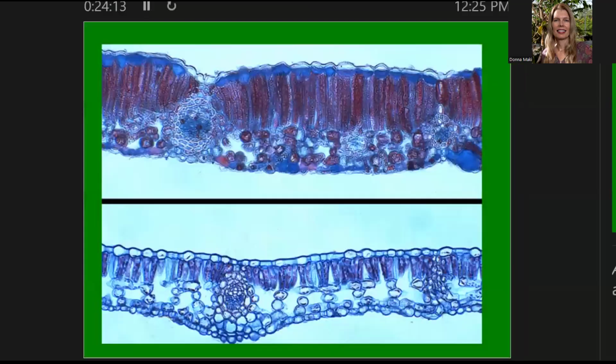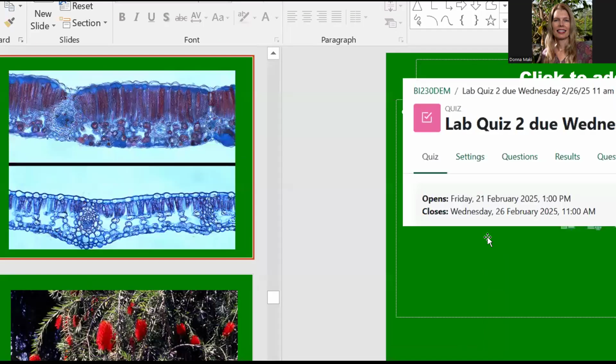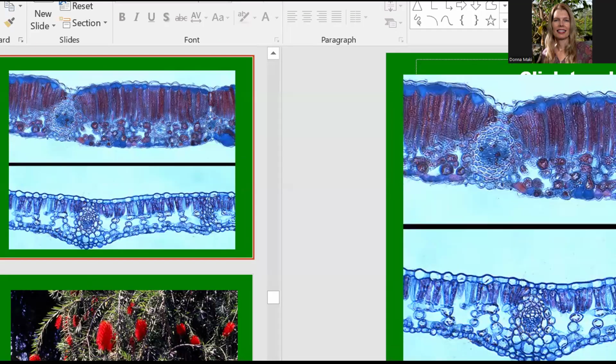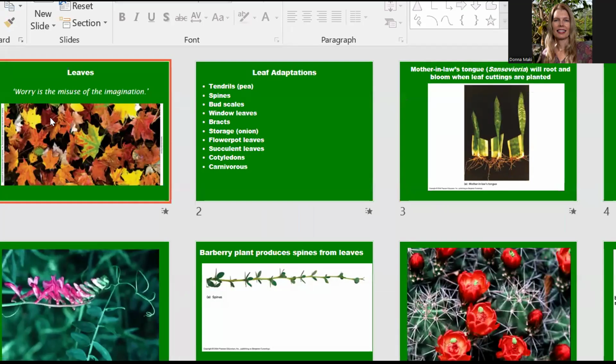But I would like to get into the next slide set on leaves as well. So that's part 2. And we're going to look at some interesting modifications.